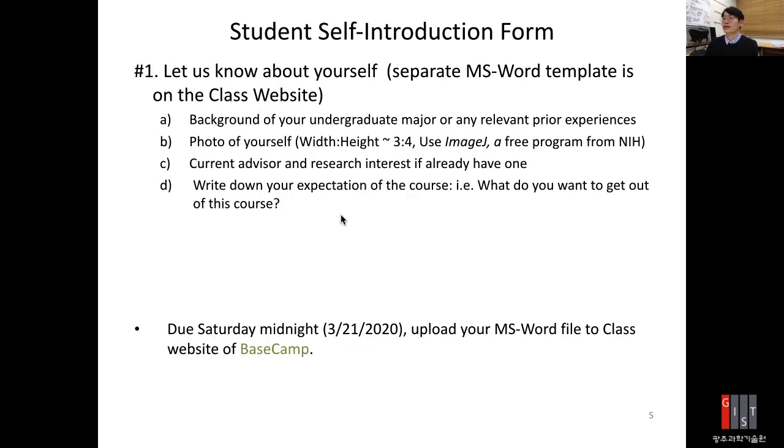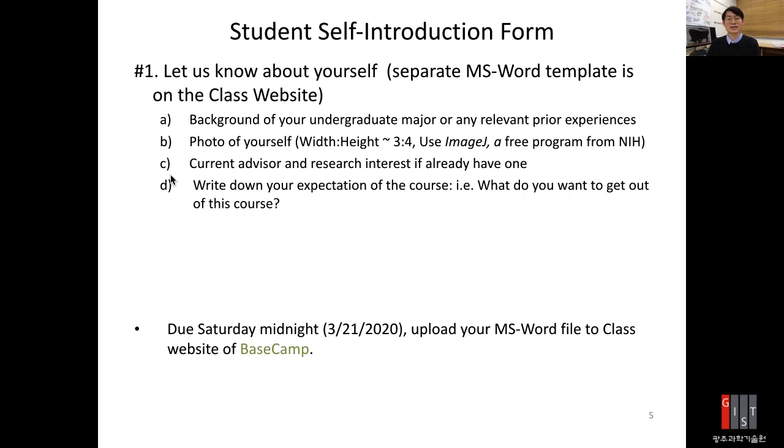Now, I want to explain the student self-introduction form. To make this course really meet your own needs and reflect your own personal research interest, I prepared this. Let us know about yourself. The first is the background of your undergraduate major or any relevant prior experiences. The second is your nice picture, so that we can remember who you are and easily recognize you.